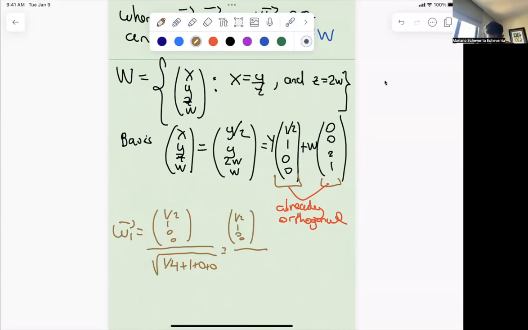This is going to give 5/4, so the length is √5/2. And this is the same as (1/√5, 2/√5, 0, 0).